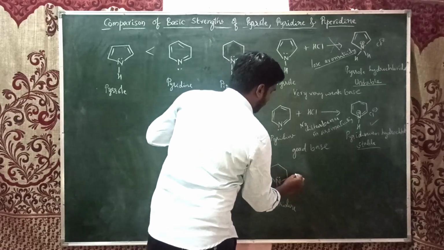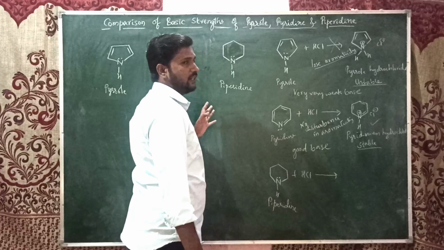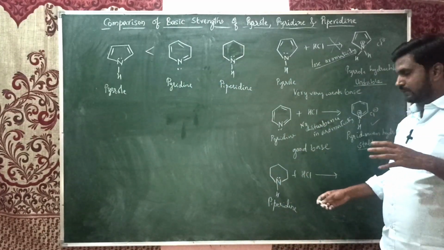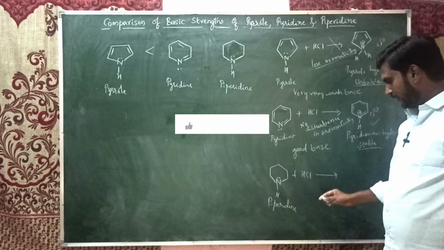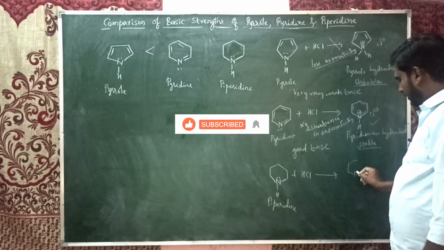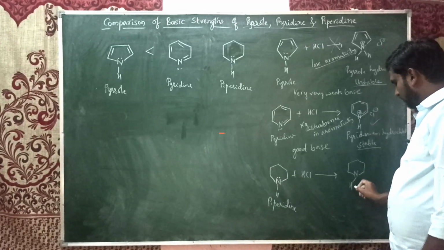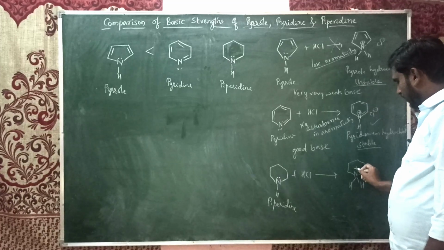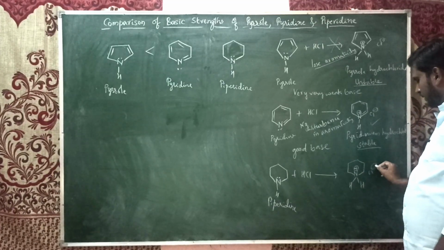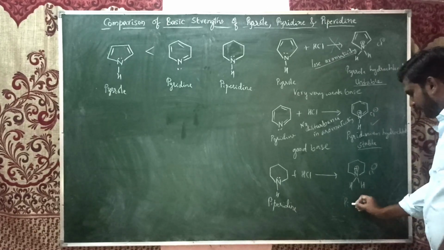When it is treated with an acid like HCl, it easily undergoes protonation like a secondary amine. It is actually a secondary amine. Here Cl minus, so it is going to give piperidine hydrochloride.